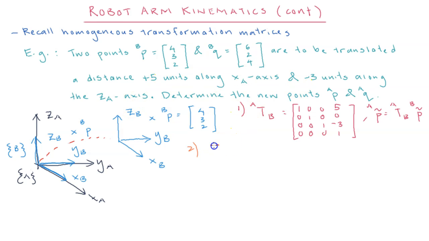TBA is equal to the first translation, which is again, there's no rotation, and the translation is just 5 units along XA: 5, 0, 0, 1.